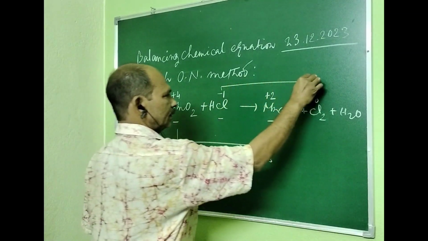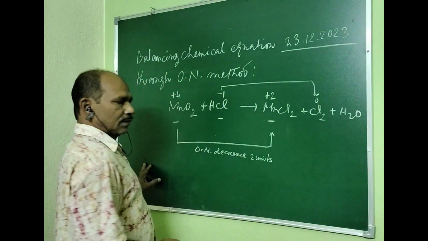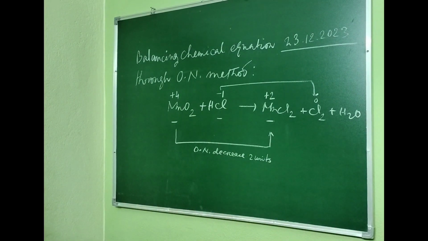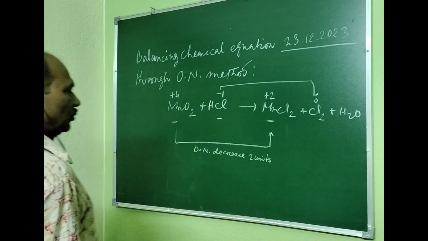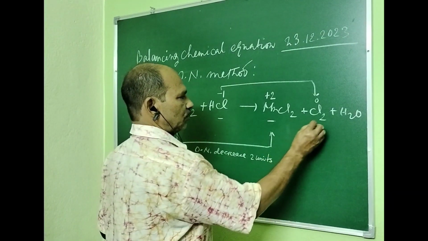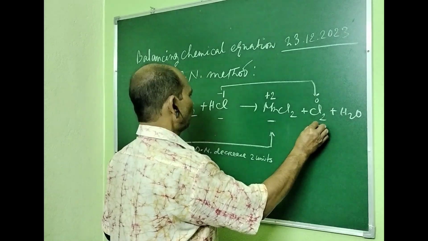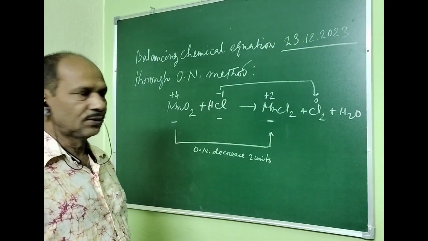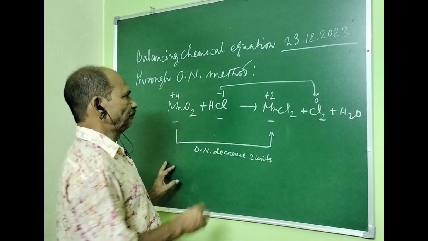Here you see, from HCl to chlorine, the oxidation number has changed by 1 for each atom. But to get one chlorine molecule, the change of oxidation number as a whole is 2.